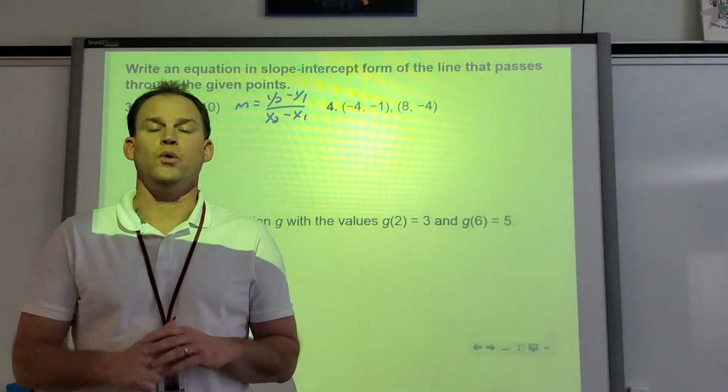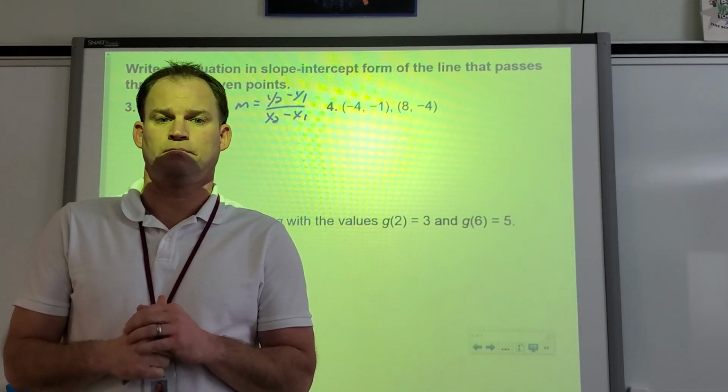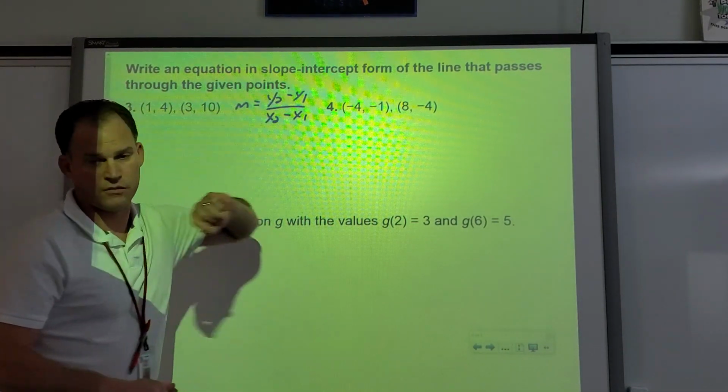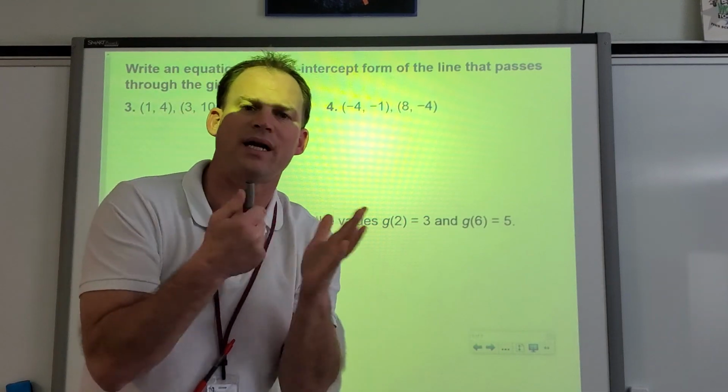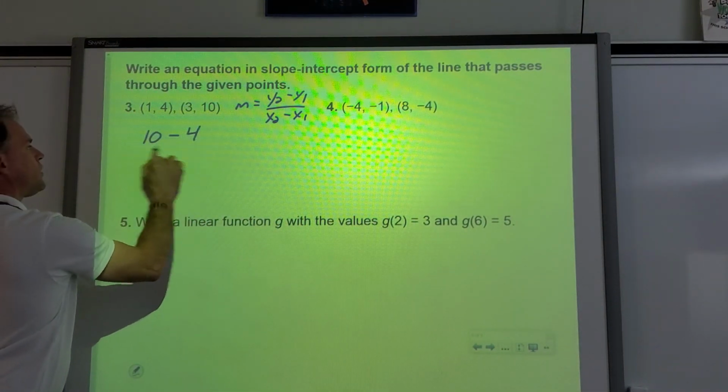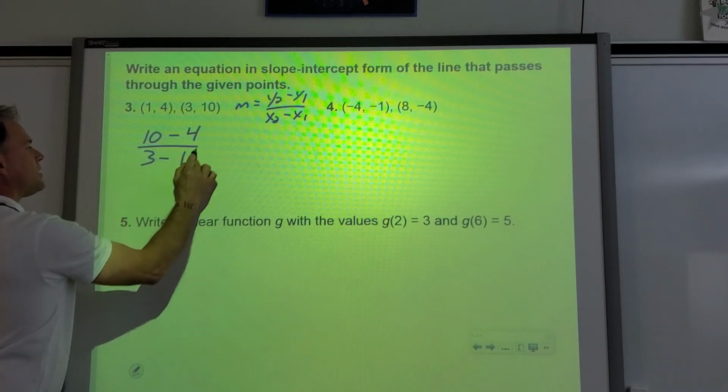You have the slope equation. All right, the second one minus the first one, the second one minus the first one. If you did not know that, write it down. So, second y minus the first one, second x minus the first one.